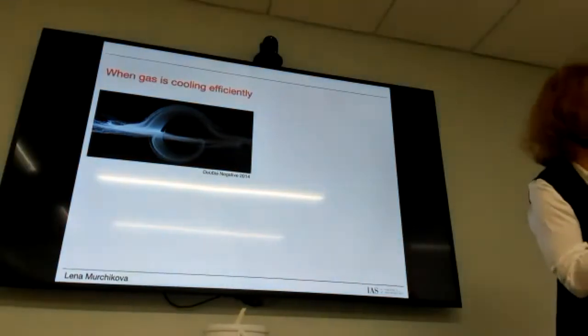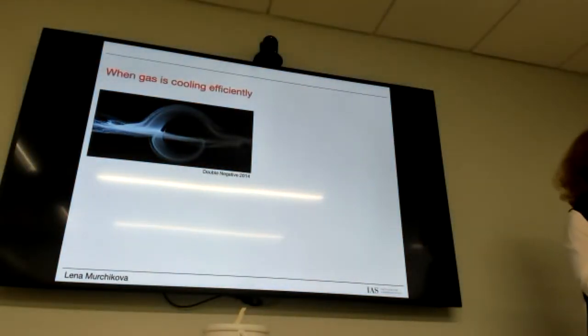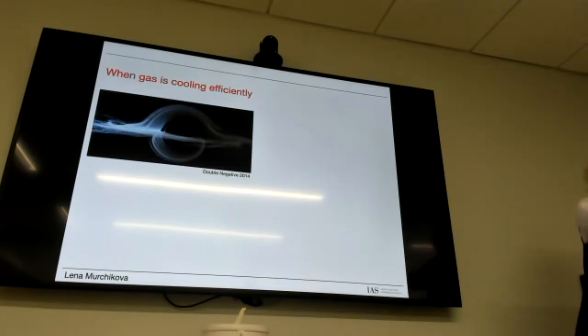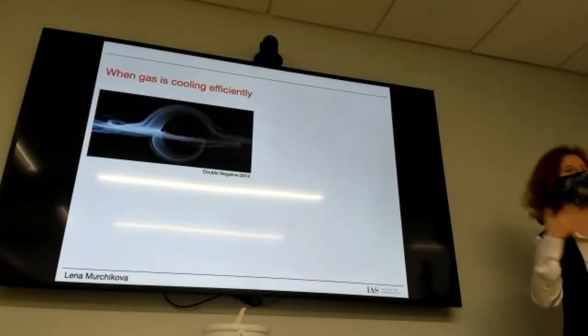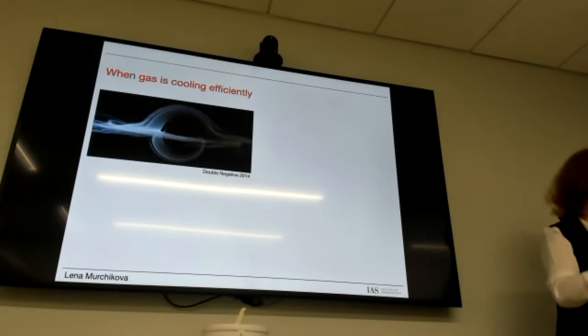For the thin disk accretion, what you need is an abundance of material around the black hole. In this case, your cooling will be efficient, and the mechanics will go like this. Your parcels of gas will interact with each other, they lose orbital momentum, they fall toward the black hole, they get heated up because of this conversion of potential energy to kinetic energy.